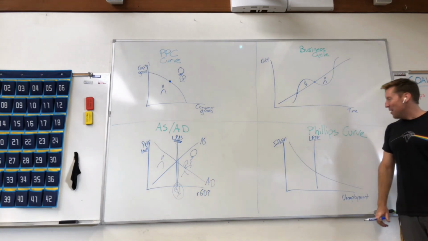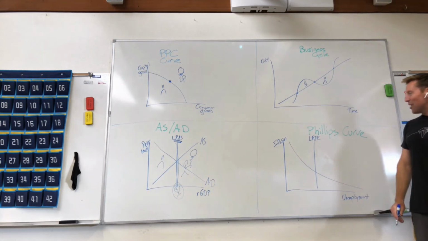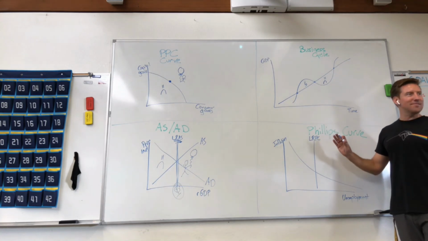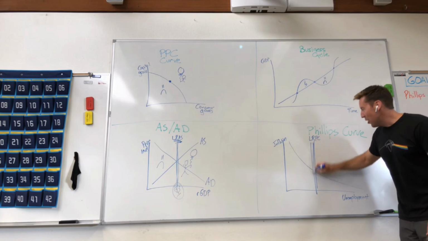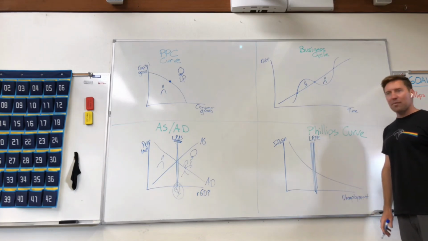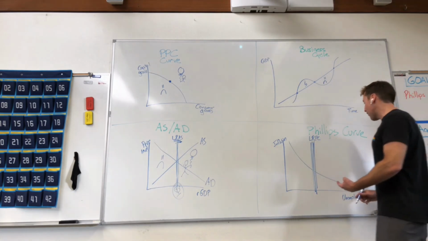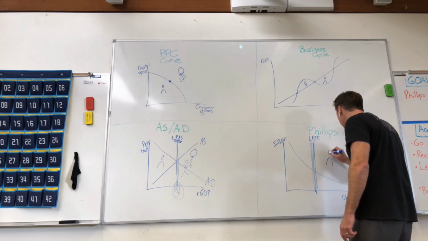And then if I'm at full employment and natural rate of unemployment in my Phillips curve, where am I at? Along my line. Therefore, if I'm in a recession, what side am I going to? To the right side for this one. Sad face.